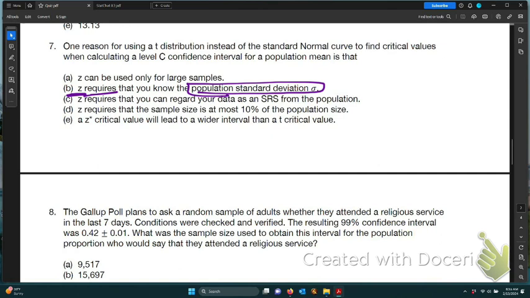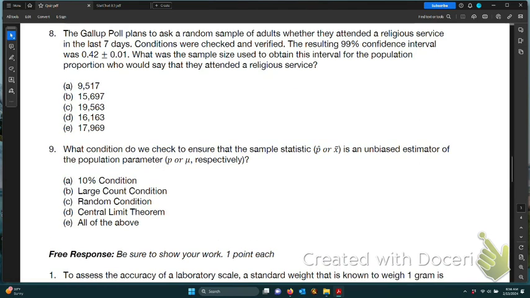Okay. Oh, you guys, look at number 8. Number 8 is a problem kind of like we were talking about at the beginning of class with that StatChat that we talked about. 8 is kind of similar to that in that it gives us the point estimate. So there's your p hat is 0.42, and it gives us the margin of error of 0.01.